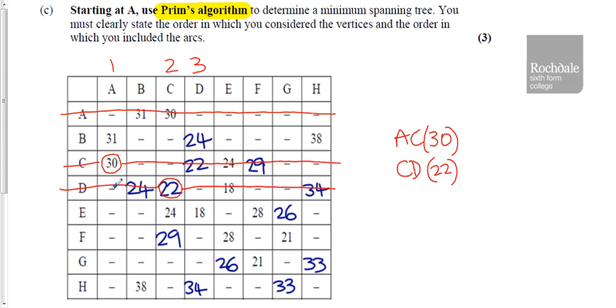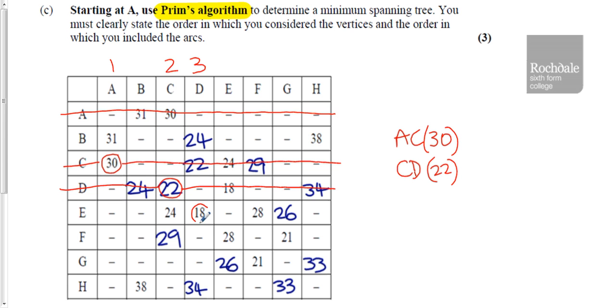We've now got 3 numbered columns. Need to look down all 3 of them and choose the smallest number that hasn't been crossed out. So my options are 31 from the 1 column, from the 2 column 24, 29, from the 3 column 24, 18 and 34.